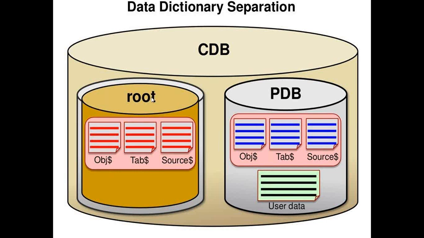This root database is having separate data dictionary views, and the pluggable database seed is the template of the main pluggable database. So from this template you can create a number of pluggable databases. So when you create a container database which is supporting a number of pluggable databases, you will be having one root, that is the main database, and one basic template, that is the PDB seed.